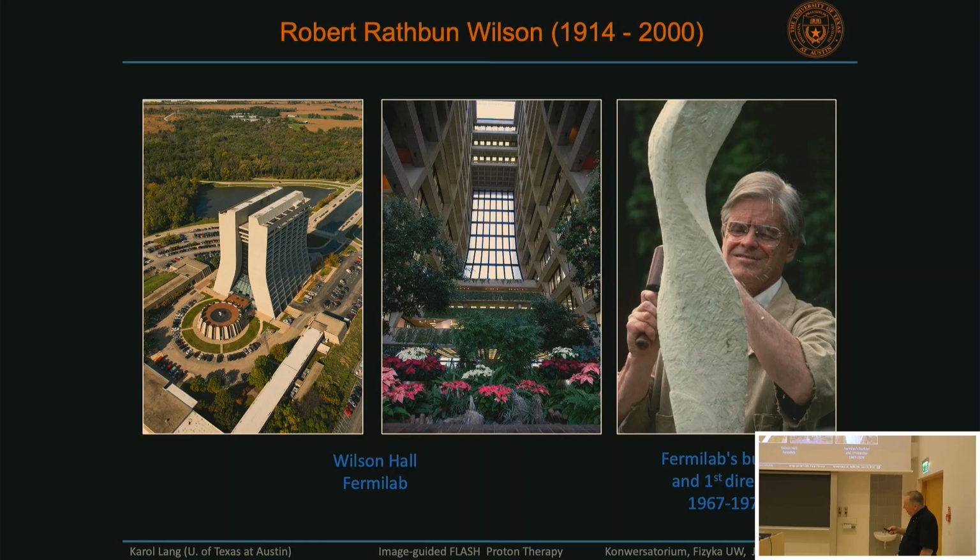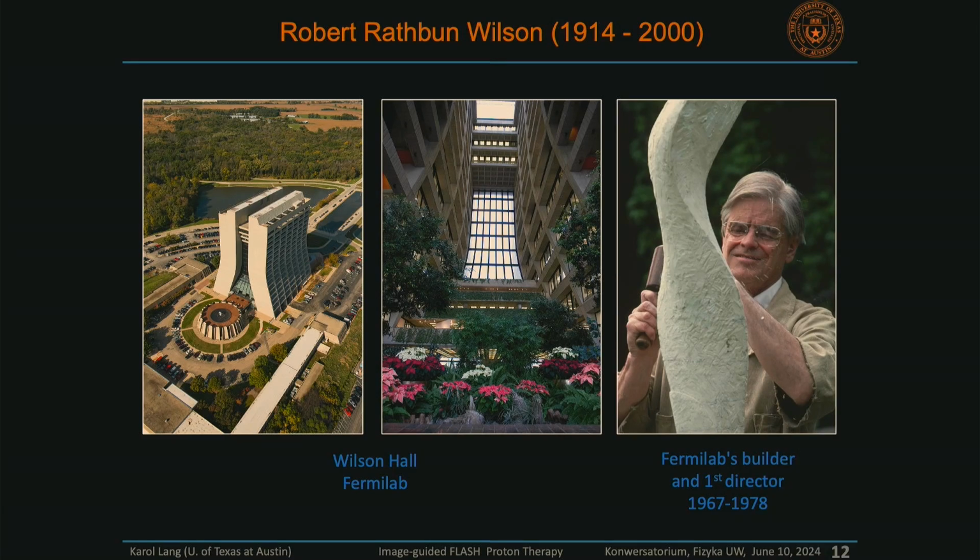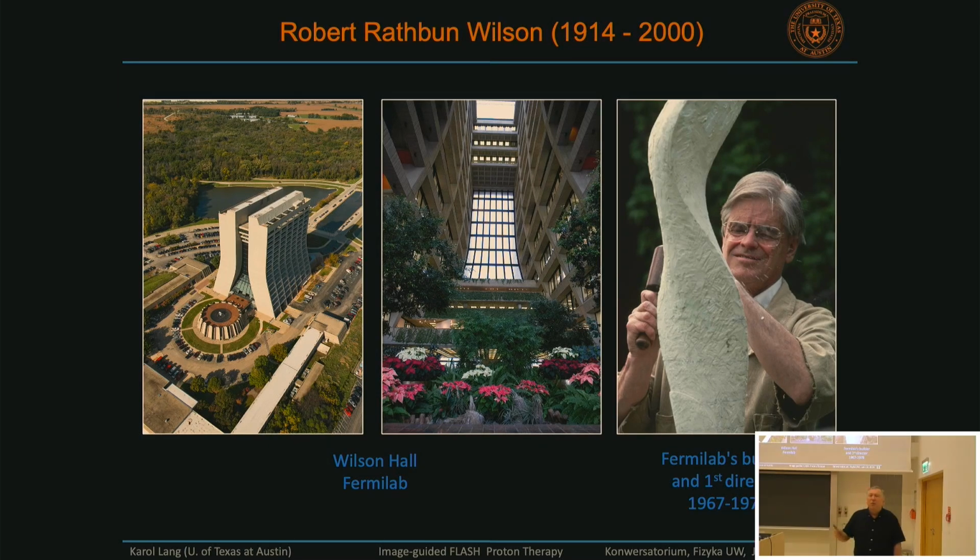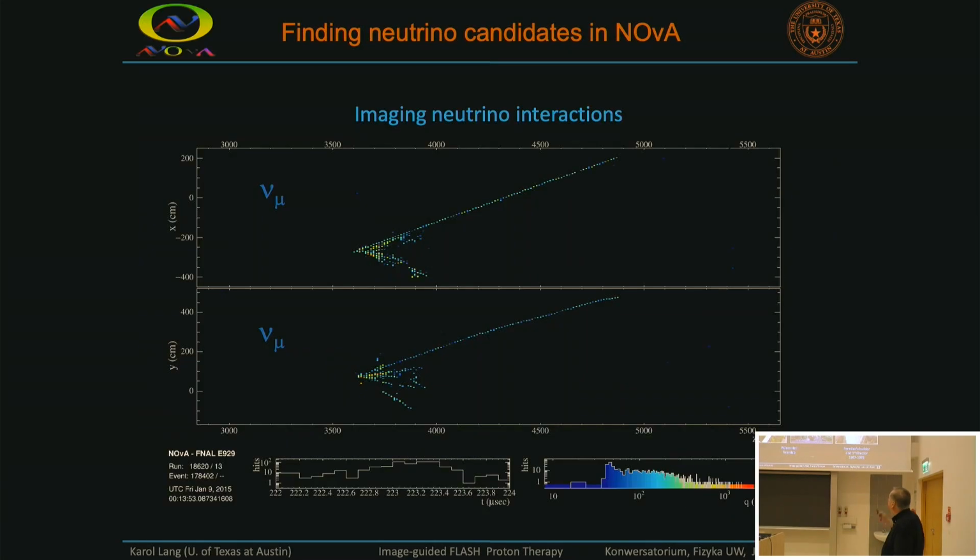This is inside this building in the middle, and this is, again, this building in close-up. This building was designed by the first director, Robert Wilson. Robert Wilson not only designed it, but he was the director for the first 10 years of Fermilab, which, as you may recall, was essentially the number one laboratory in the world back then.